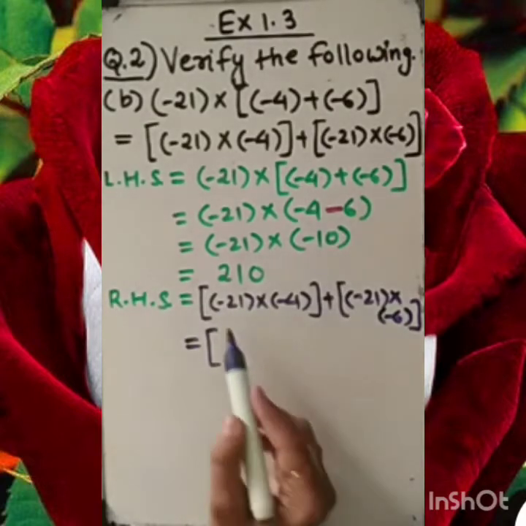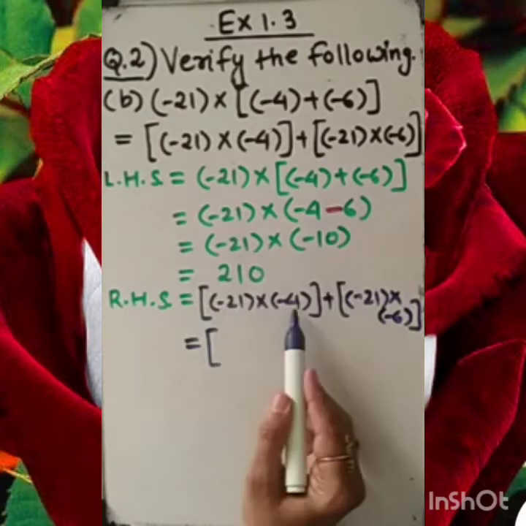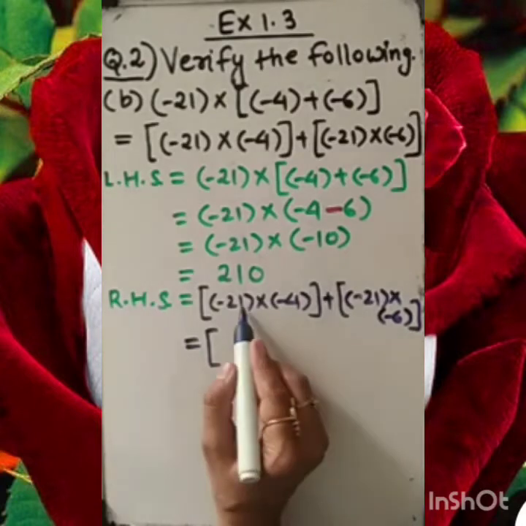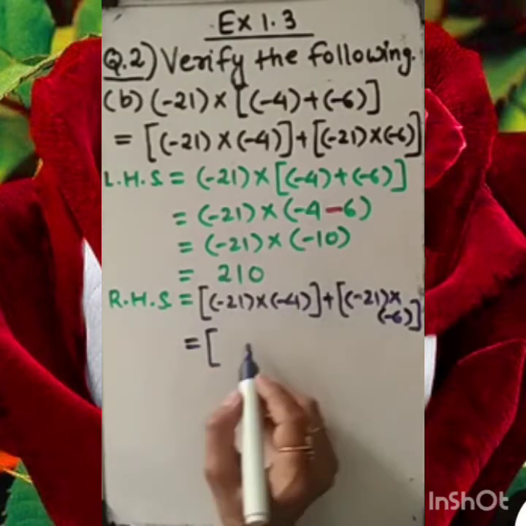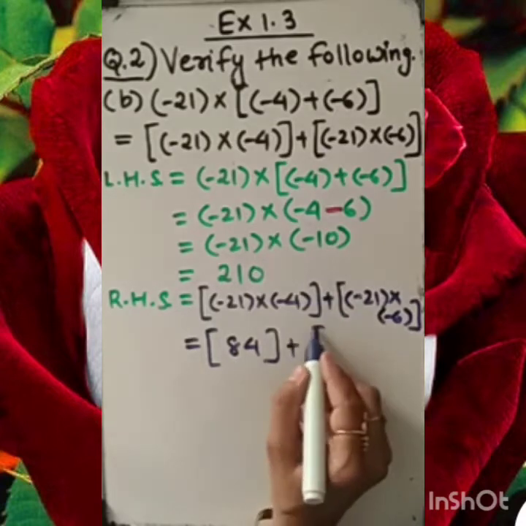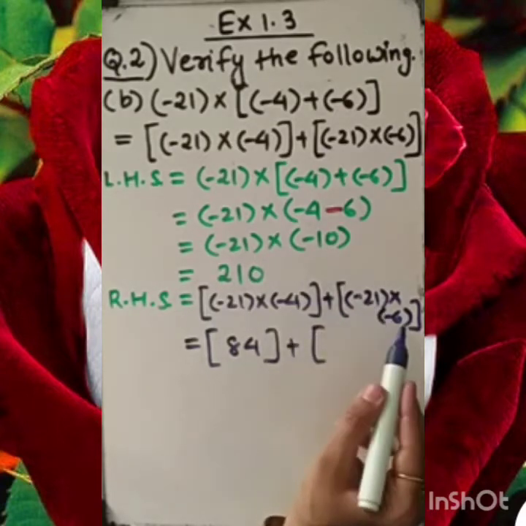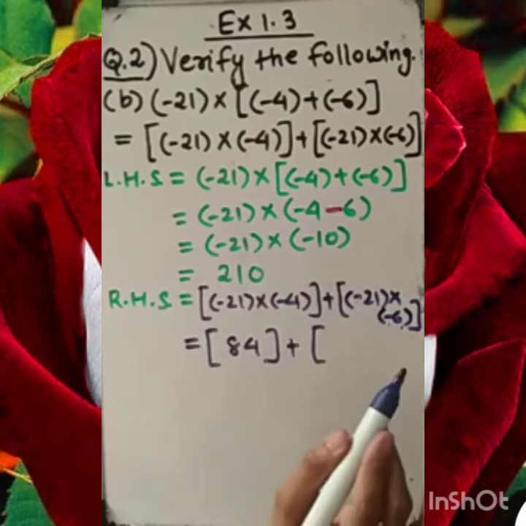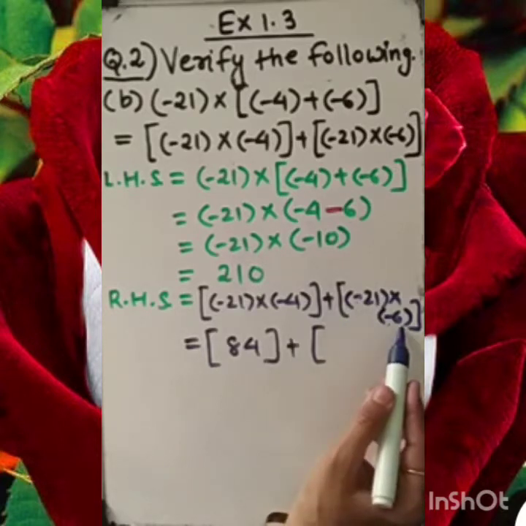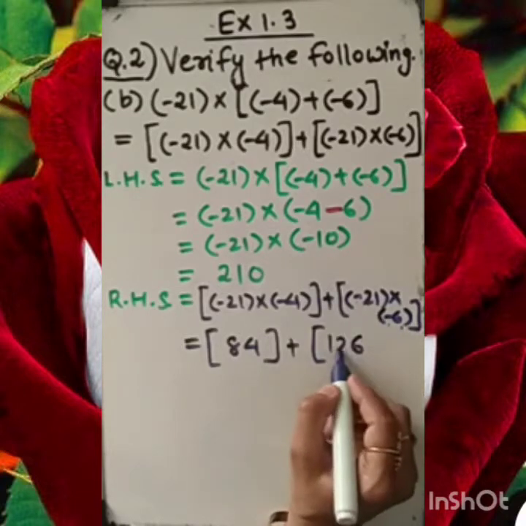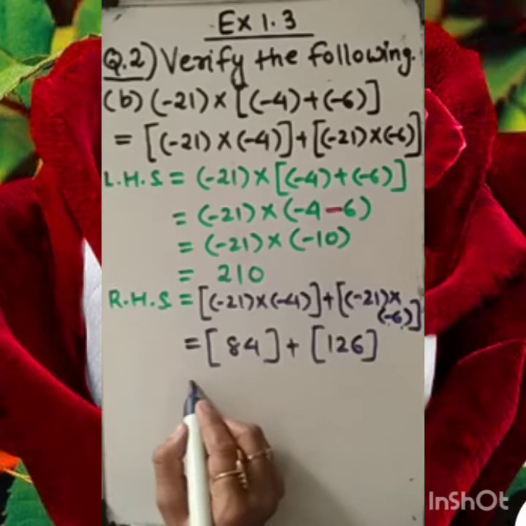Please remember, while multiplying, minus minus is plus. Let's work out 21 times 4. All of us know very well it is 84 positive. And here minus 21 into 6. Minus minus is already plus, 21 into 6. We know that 1 6 is 6, 6 2s are 12. So it is coming 126.